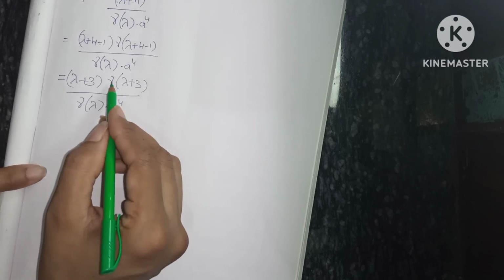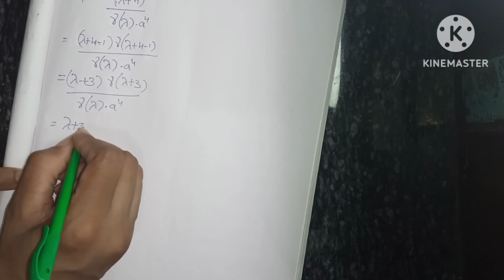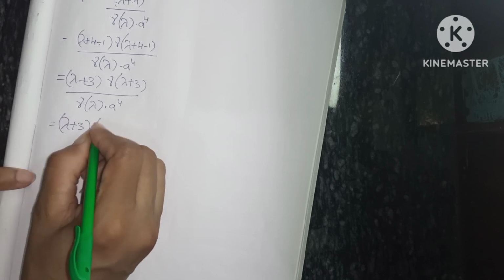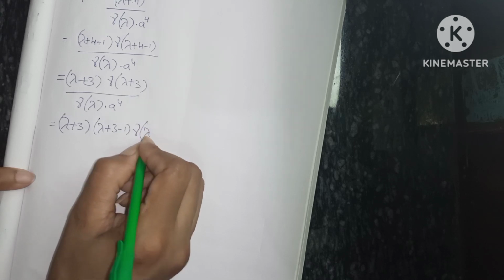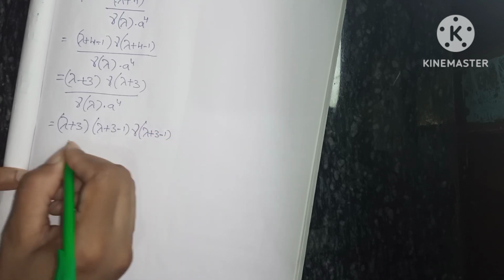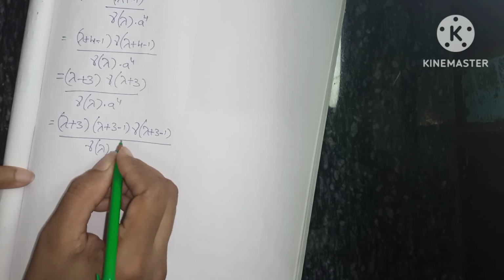Again it is in the form of gamma of lambda. So lambda plus 3 into lambda plus 3 minus 1 into gamma of lambda plus 3 minus 1 by gamma of lambda into a power 4.